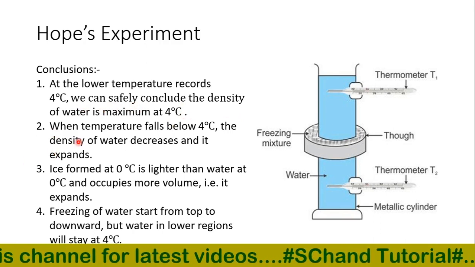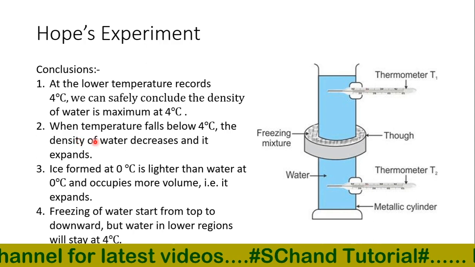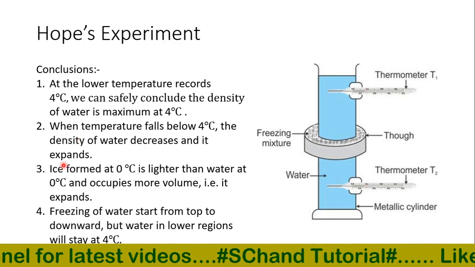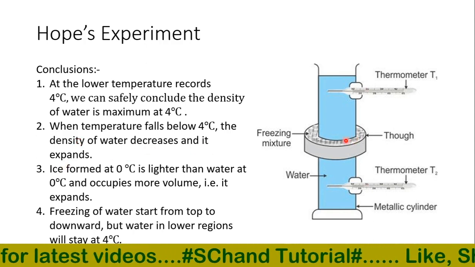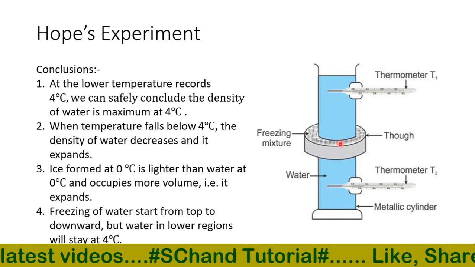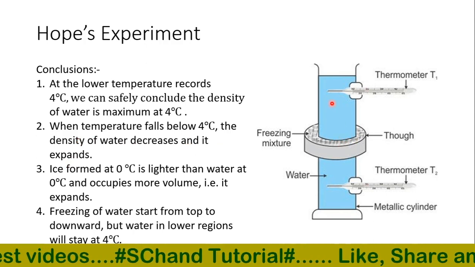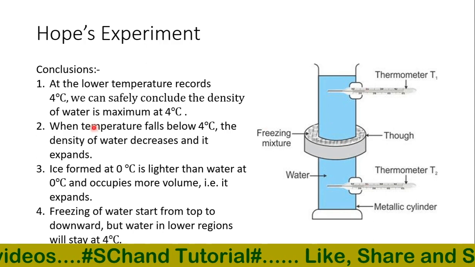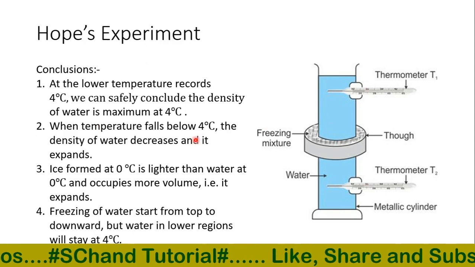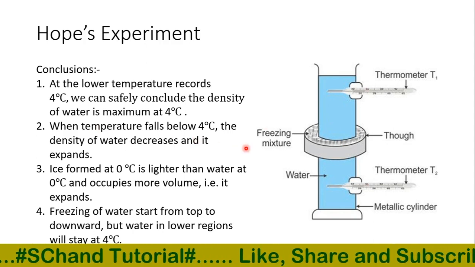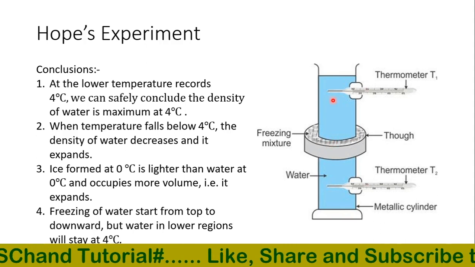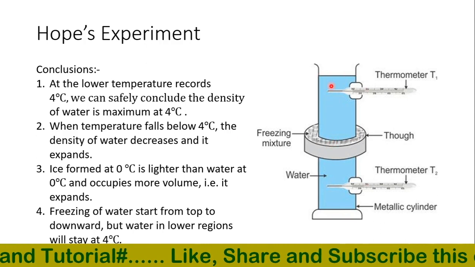When the temperature falls below 4 degrees Celsius, the density of water decreases and it expands, as we have seen with the water above the freezing mixture. It starts forming ice on the top.